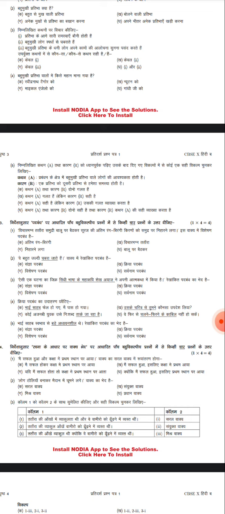Fourth question. Kriya Padbandh ka udaharan chuniye. Which one is Kriya Padbandh in this question? You can guess it now. Of course, you can see the underline towards the last of the sentence. It is the third option. Fifth question. भाई साहब स्वभाव से बड़े अध्ययनशील थे. बड़े अध्ययनशील.